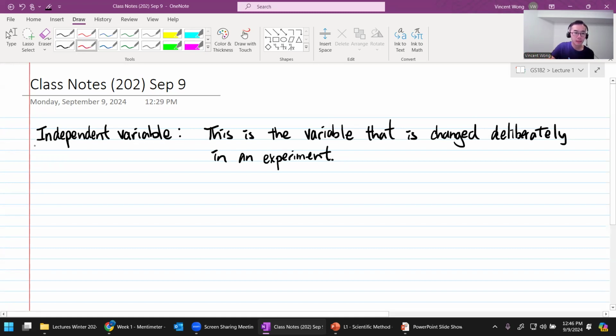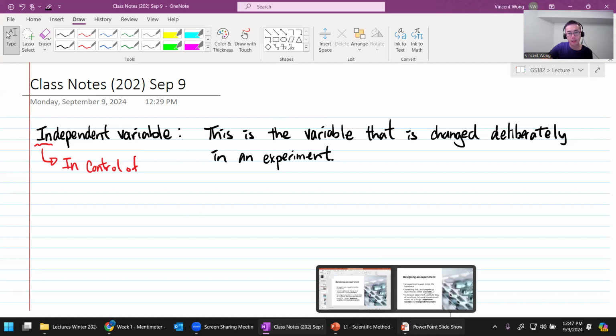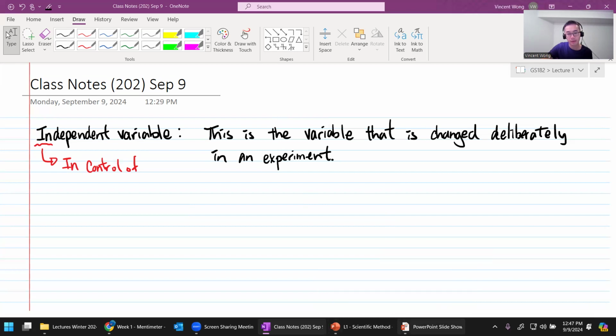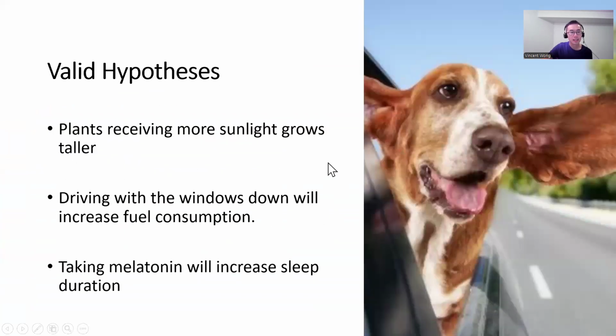You can try to remember this by thinking that the independent variable is the variable that you are in control of. You have to say that I want to change this or not. Okay, so that is the independent variable. In our PowerPoint slide, I'm going to come back to this later. Okay, if you haven't finished copying everything, let's take a look here.